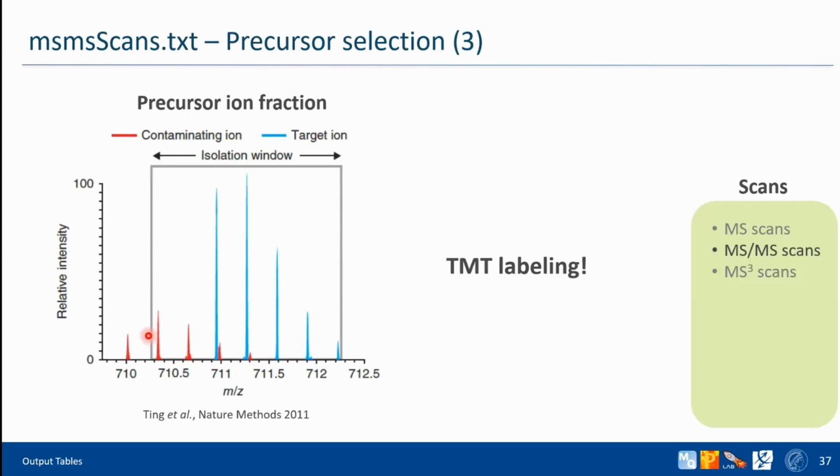Why could it be useful? Well, this is a kind of information that you are going to need when you want to do proper TMT labeling. So you want to find proper isolation windows and be sure that you're not isolating something that is not supposed to be there.